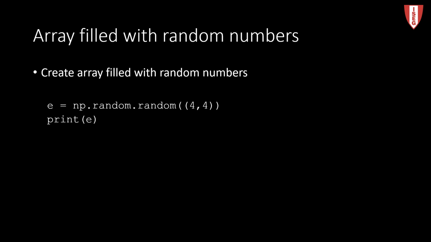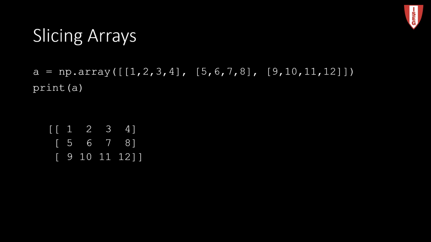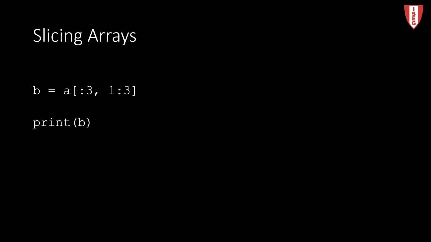This example shows how to create an array filled with random numbers. Those random numbers may vary from 0 to 1. Like in the case of lists, it is possible to slice arrays. We must identify the first and last row, then the first and the last column.